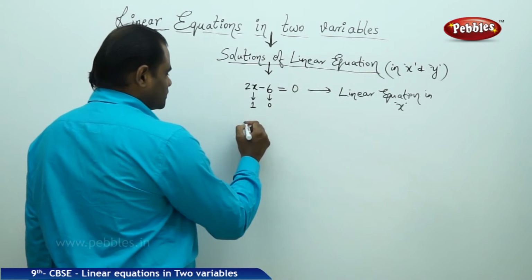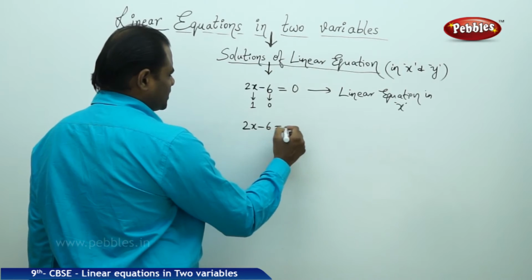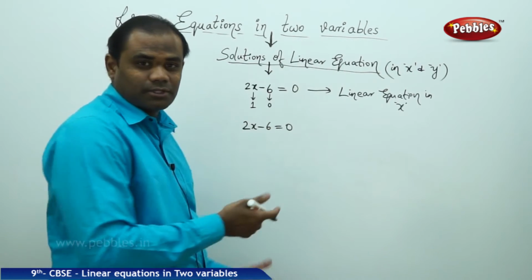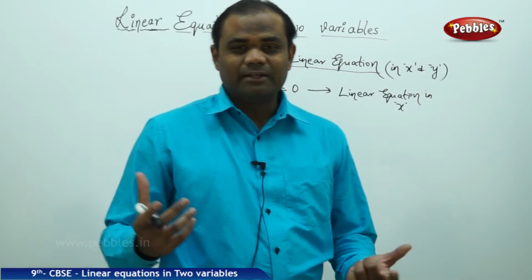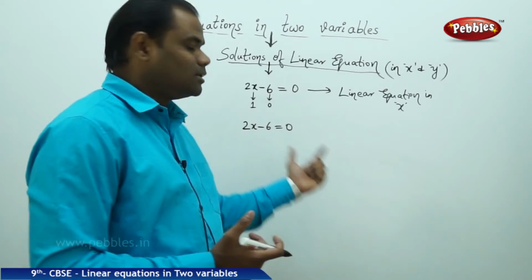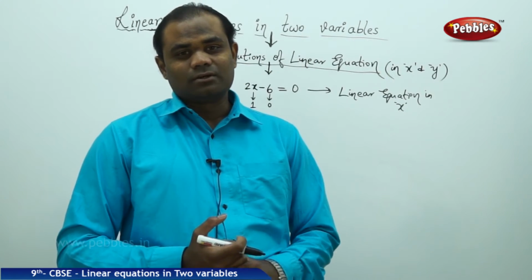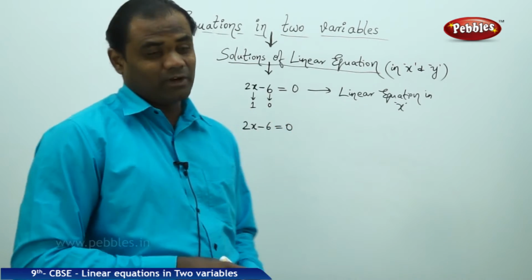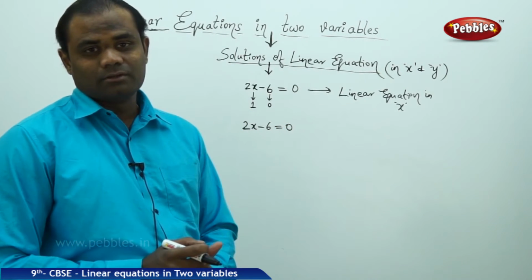As we can see clearly, the given equation is 2x minus 6 equals 0. Its solution is nothing but the value of x which satisfies this equation. So let's see what value of x satisfies this equation.